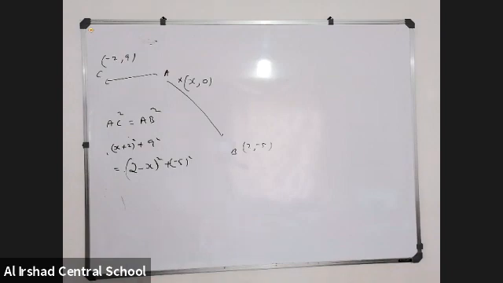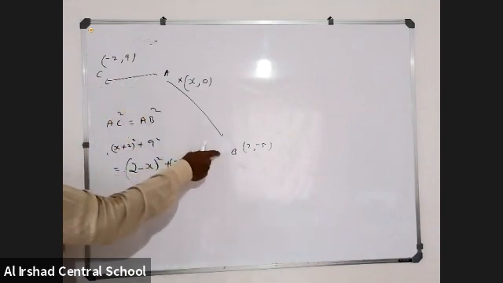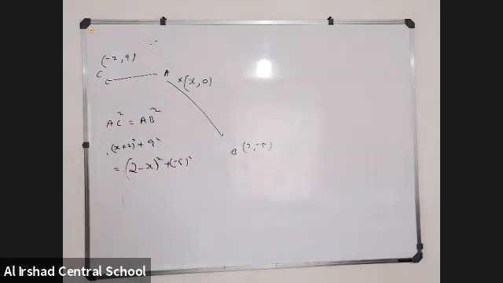What answer are you getting? Find out AC square, find out AB square. AC square is equal to AB square.